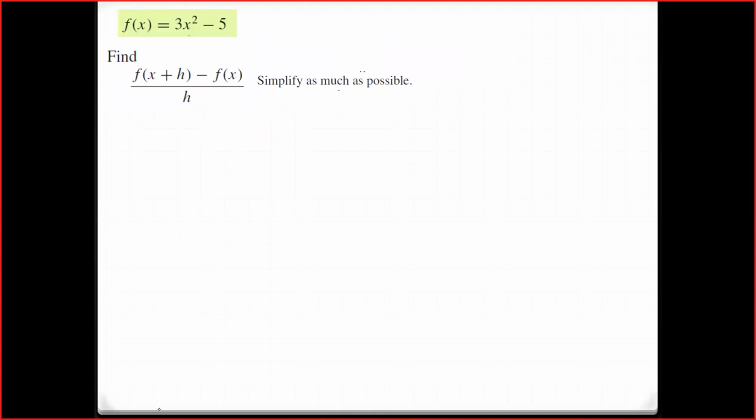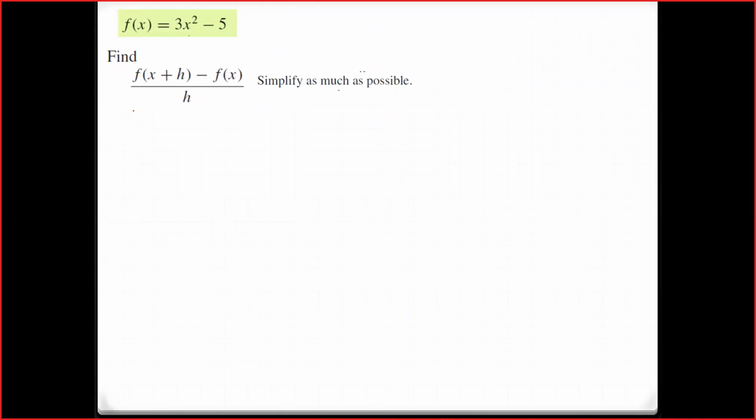Now look here. If we have now f of x is 3x squared minus 5, I want now to find f of x plus h minus f of x over h and simplify it as much as possible.